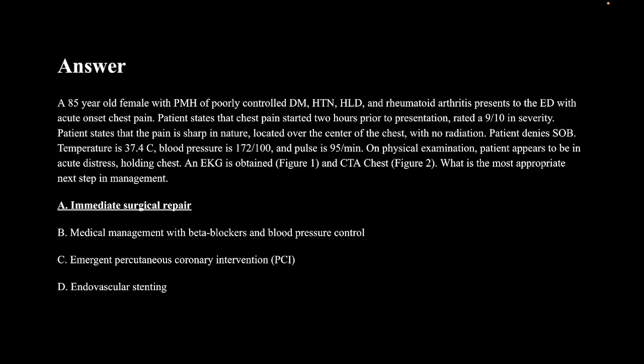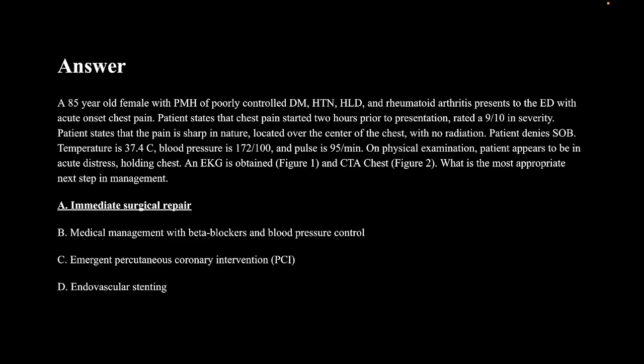Remember, emergent PCI is the first step in management of STEMI. And looking at the patient's EKG, we can say that ACS is less likely given that we don't see any ST segment changes or any T wave inversions. And last option, endovascular stenting. Once again, this isn't an ACS, this is aortic dissection affecting the ascending aorta that needs emergent surgical repair.